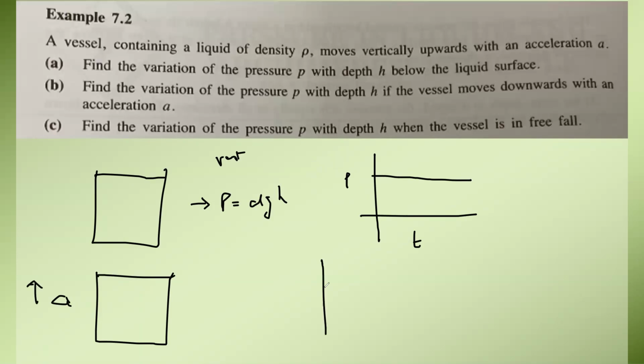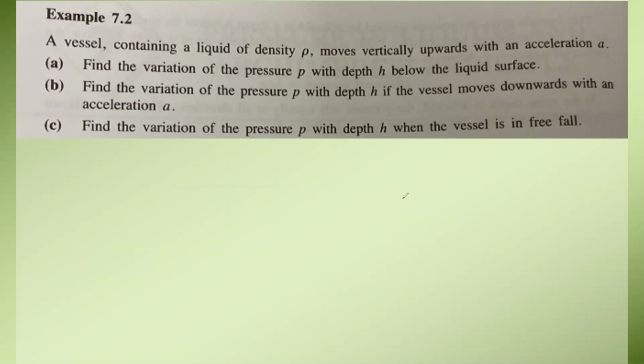So if the container is accelerating upward, what we will experience is that the pressure exerted by the liquid will also increase as this is accelerating. Means it will experience a higher pressure. Any doubt in this?